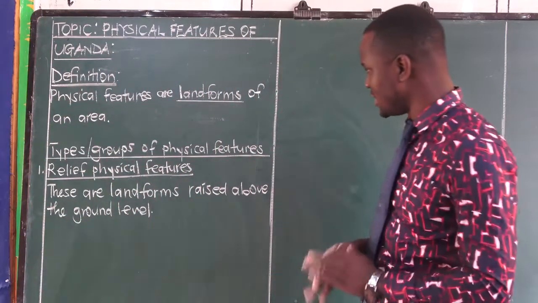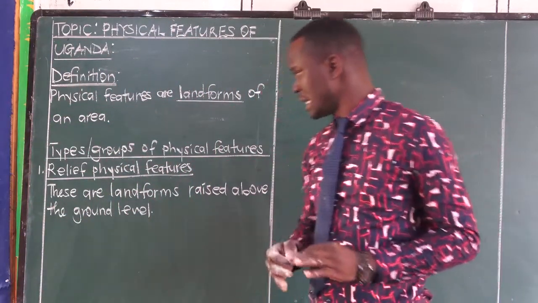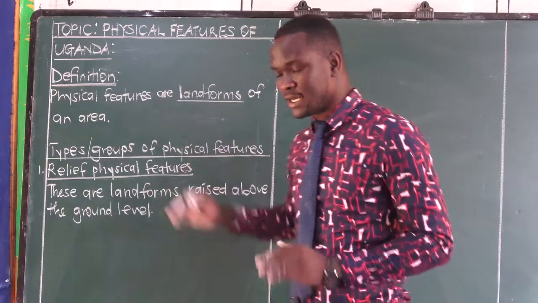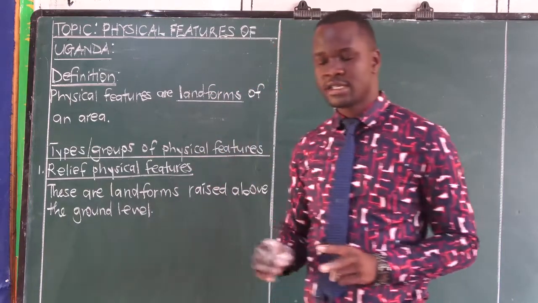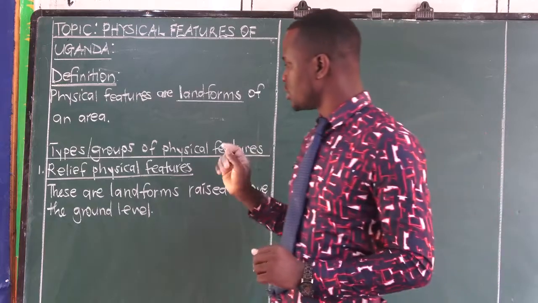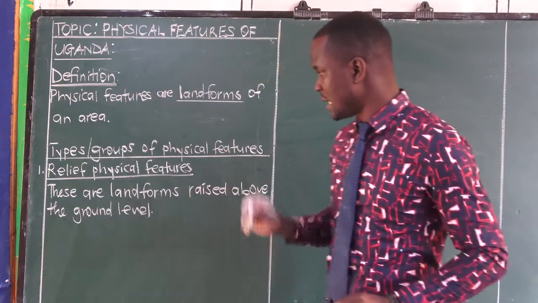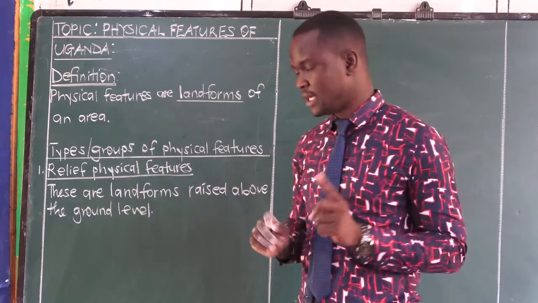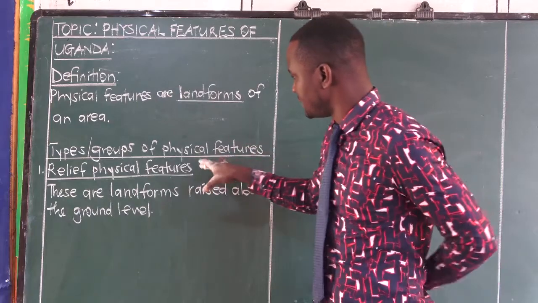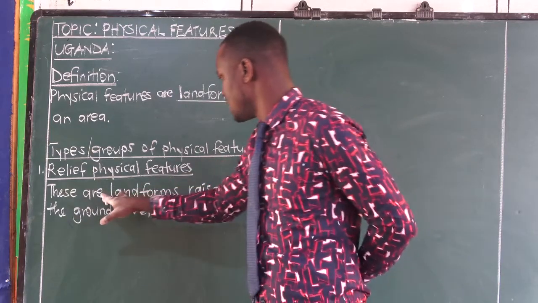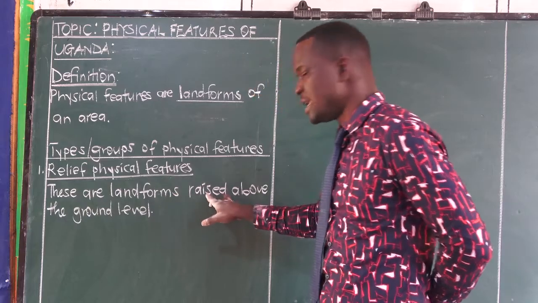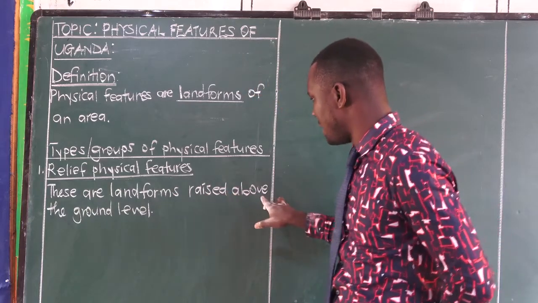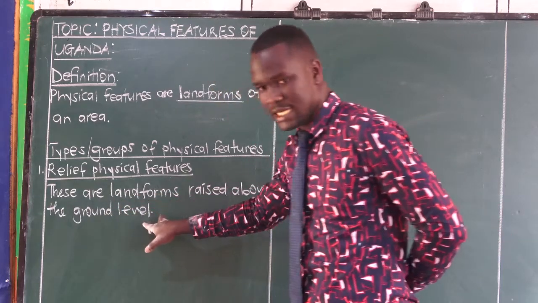I want you to enjoy this lesson very well as you understand. So we have said we have two categories, two groups or two types of physical features, and we are looking at the first one. We are saying relief physical features are landforms of an area raised above the ground level.